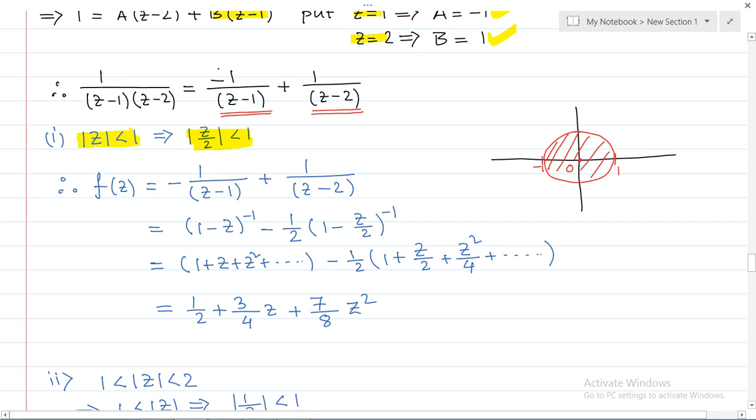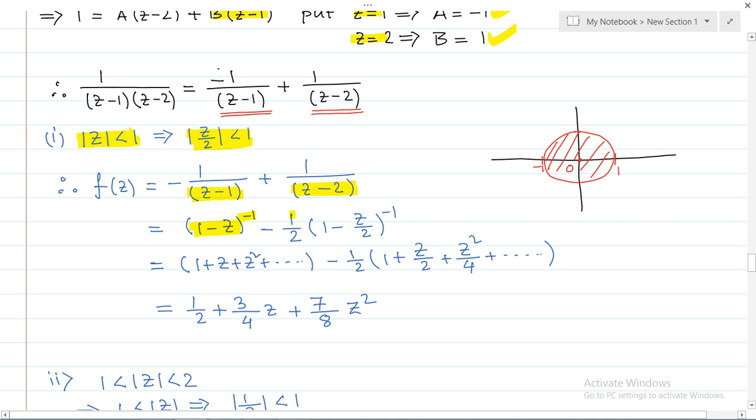So f of z equals minus of 1 by z minus 1 plus 1 by z minus 2. We are having two separate factors. From the first one I have to take the minus sign common to get (1 minus z) whole inverse. But from the second one I have to take 1 by 2 common, so that z by 2 will come, and z by 2 is less than 1. It will satisfy the condition.